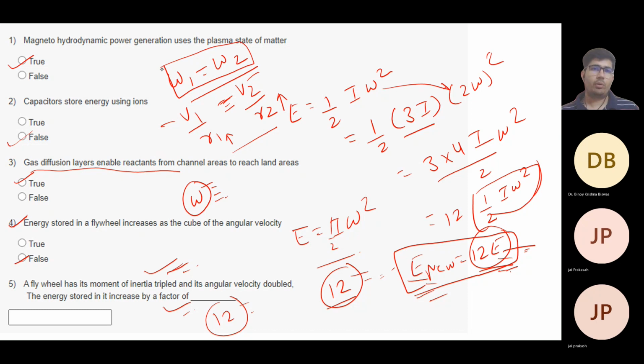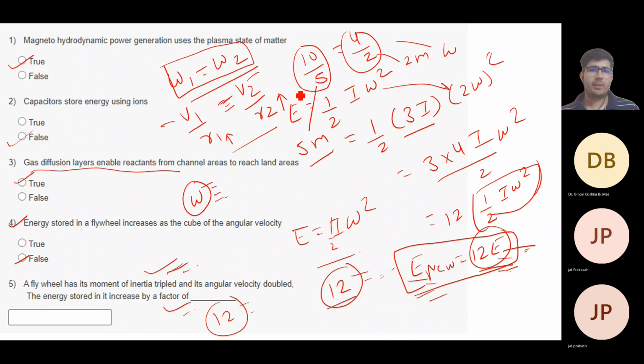Like suppose you can write 10 upon 5, or you can write 4 upon 2. These both are equal, but for 10 upon 5 the radius is 5 meter, and for 4 by 2 the radius is only 2 meter, but for both the omega is 2 radian per second.